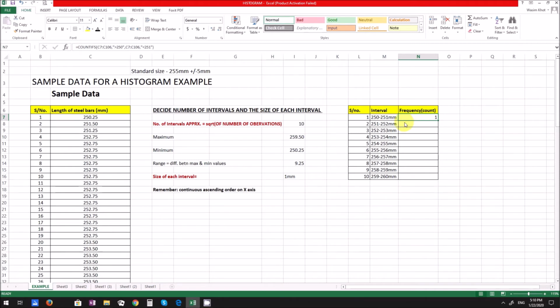So let's copy the formula for the other cells. Let's press F4 because the range is the same.